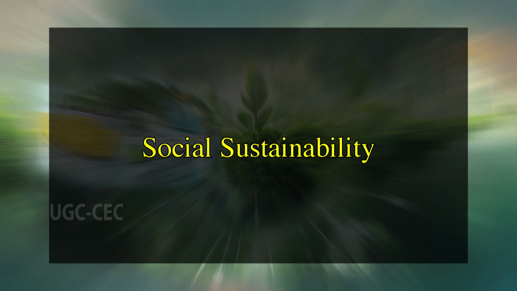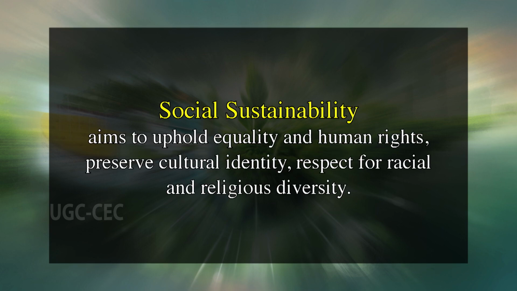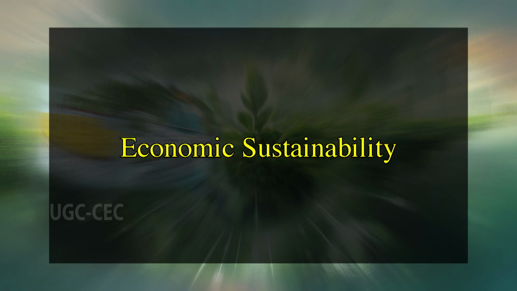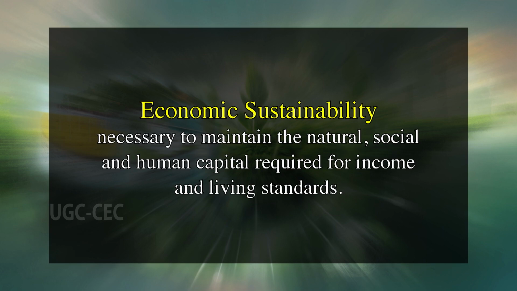Talking about social sustainability, it aims to uphold equality and human rights, preserve cultural identity, and respect racial and religious diversity. And economic sustainability is necessary to maintain the natural, social, and human capital required for income and living standards. All of these pillars must be in balance for there to be complete sustainable development.